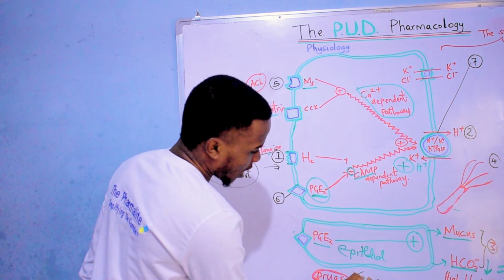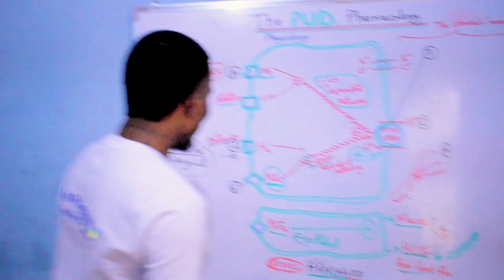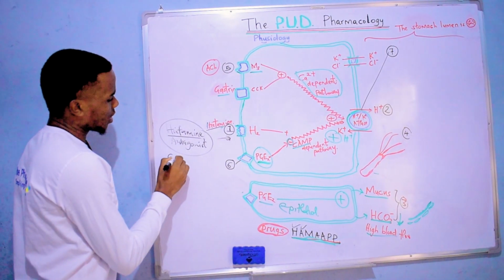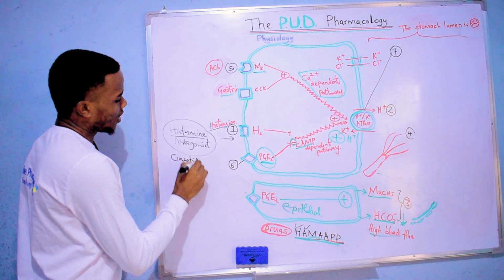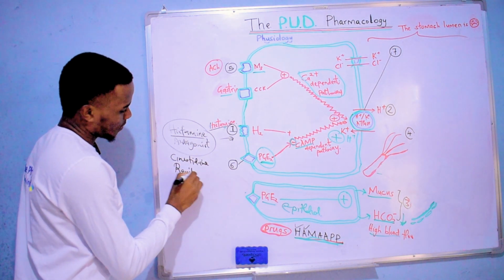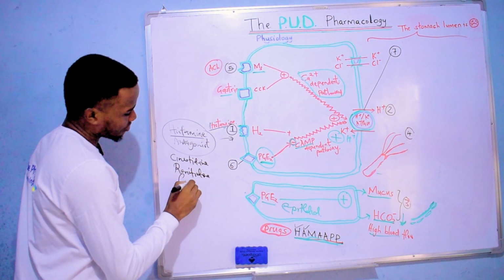So the second in the category is an antacids. So before we go to the antacids, examples of histamine receptor antagonists will include drugs like cimetidine, ranitidine, and famotidine.